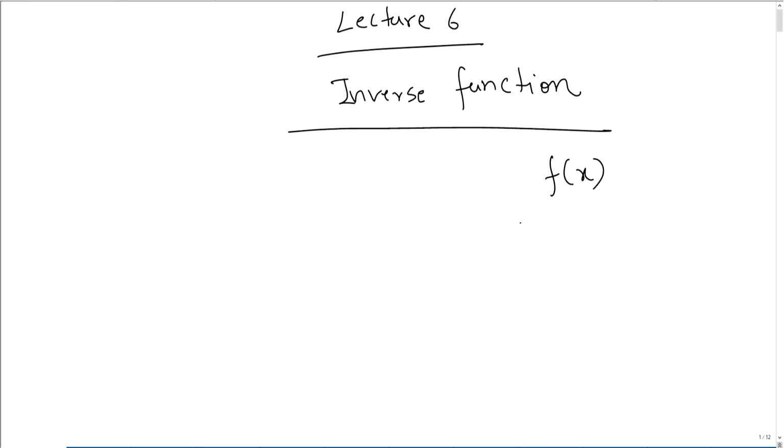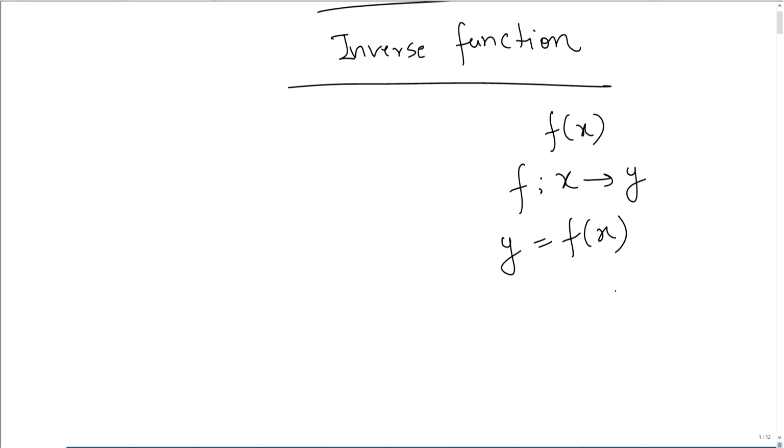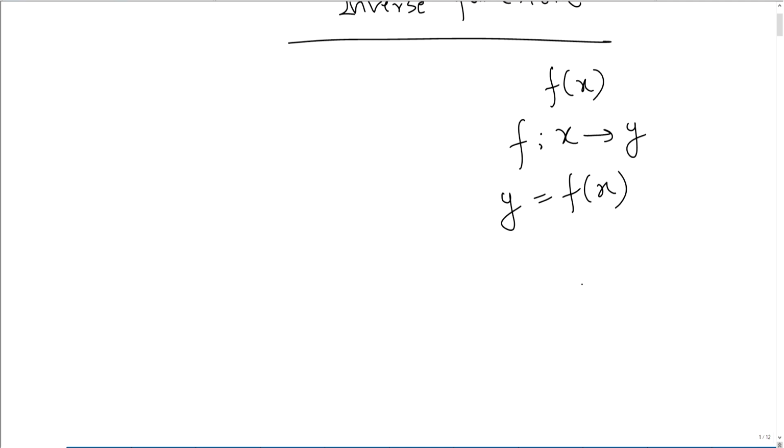So let's say this function f maps some input variable x to y, that is, y equals f of x. Here y is the outcome variable, x is the input variable, and f is the function, basically the operations you are doing on x.